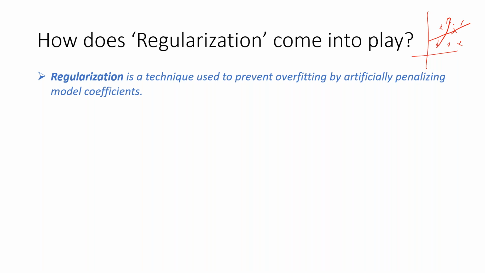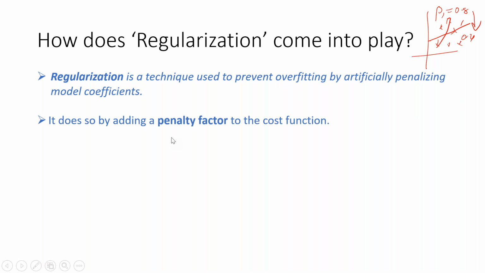That's why I have to artificially penalize my model coefficients. So if beta 1 is 0.8 here, here it is actually 0.4. I am penalizing some term in my cost function so that I reduce my higher slopes to lower slopes.